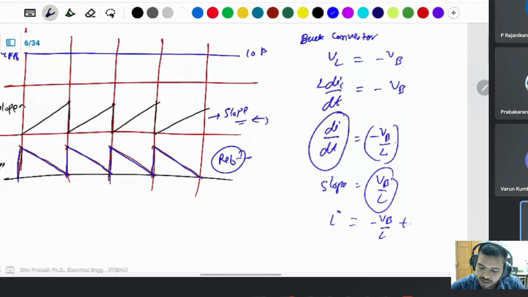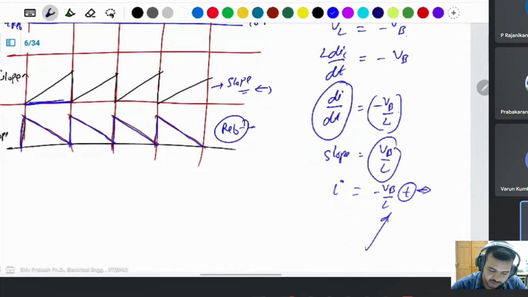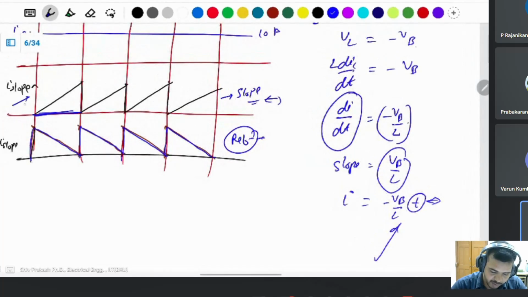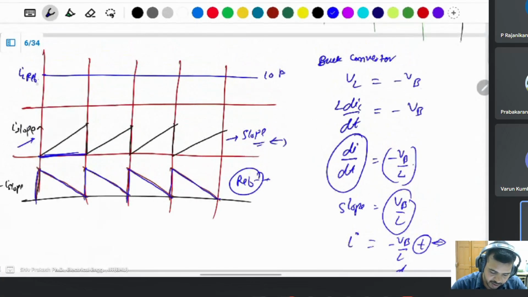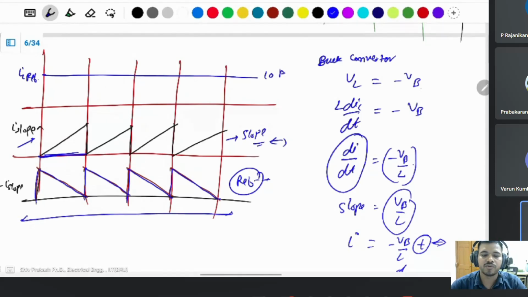Some current, some time is there. This time is the same thing, this time from here to here. Then this slope is taken to generate the slope. After you subtract the IL minus slope, you can get the sawtooth waveform which you want to implement in your converter.